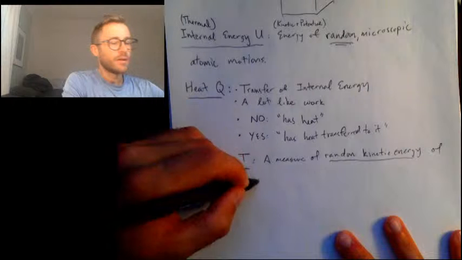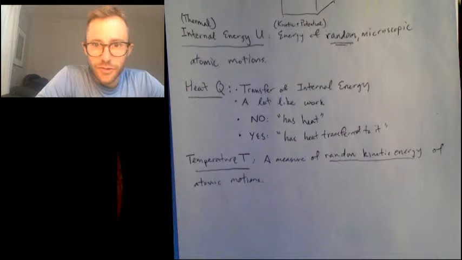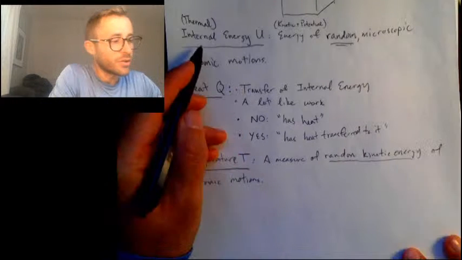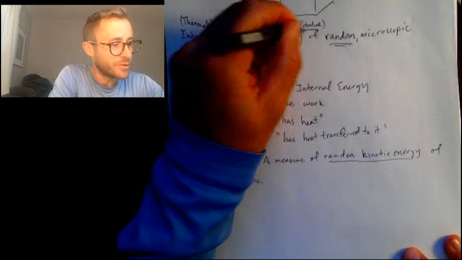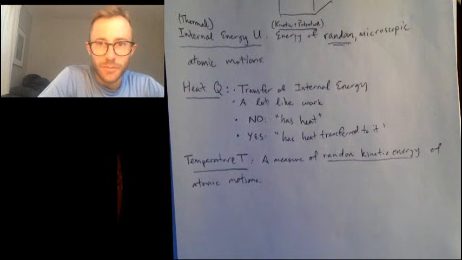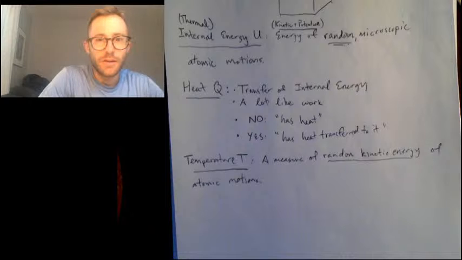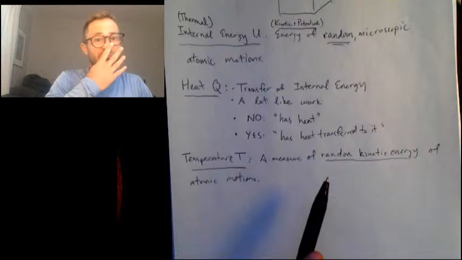So is there a difference between internal energy and temperature? Yes. Internal energy includes kinetic and potential energy of random atomic motions, whereas temperature only includes the kinetic energy part of that.